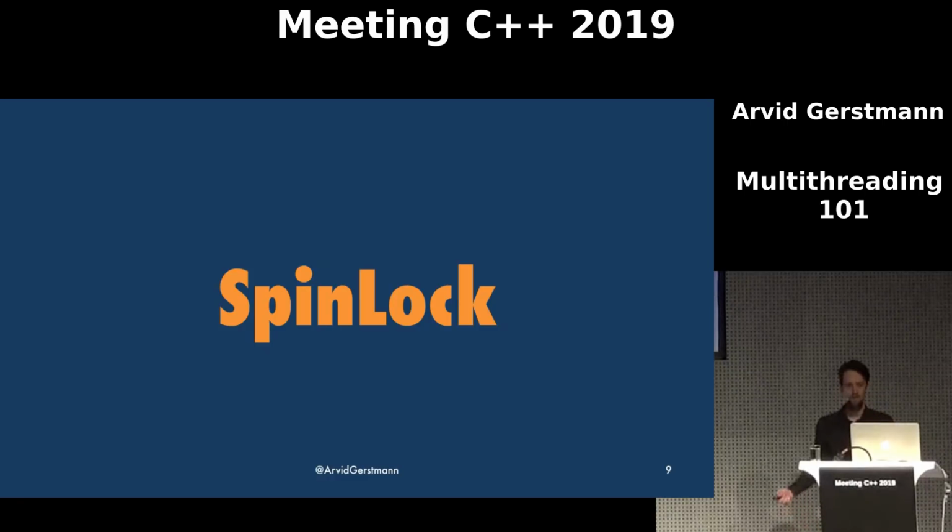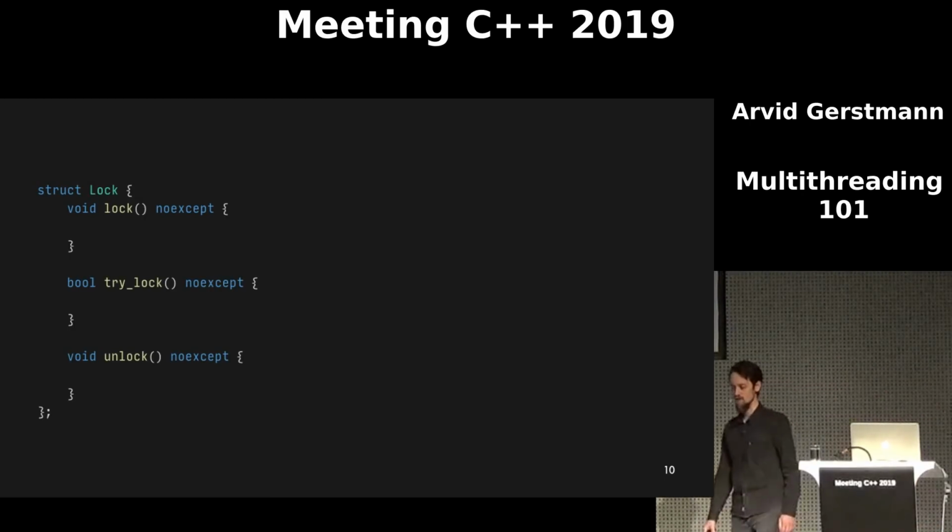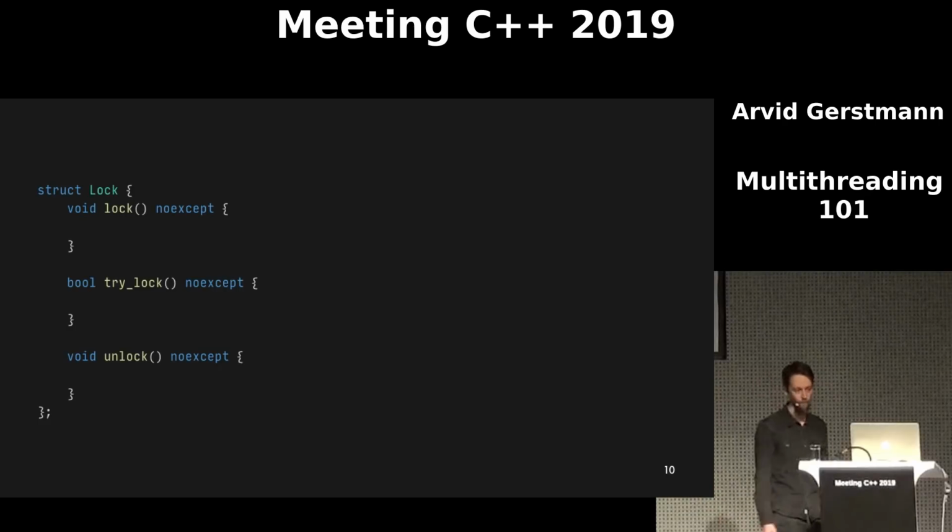A spin lock will, as already in the name, spin when there's contention, and we will get to that later again. So here's the simple interface for our lock. We have 3 functions here. We have lock, we have try lock, and we have unlock. The lock function will lock the lock and won't return until we have successfully acquired the lock.